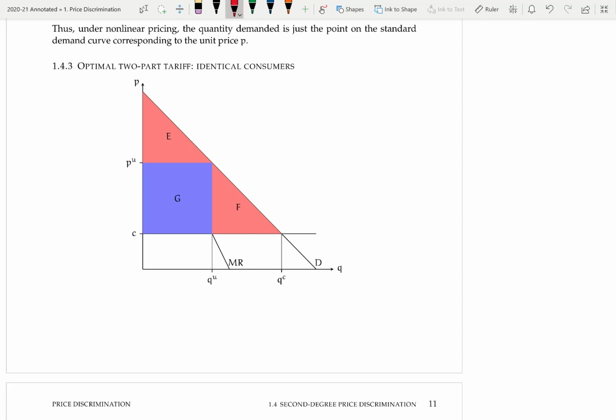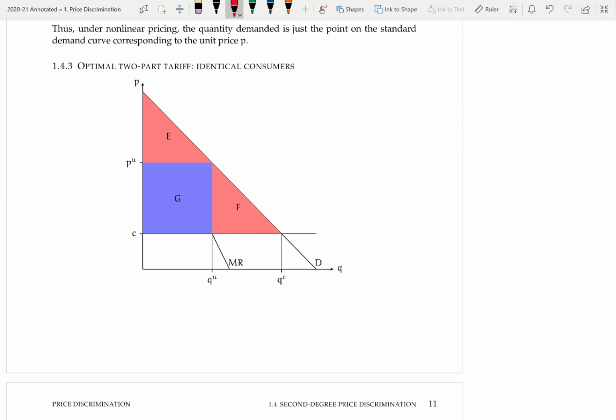So all it has to do is sell QC units, the competitive quantity, or the quantity where the marginal benefit curve or the demand curve crosses the marginal cost, and charge a price equal to marginal cost, so that consumers indeed actually want to buy this much.